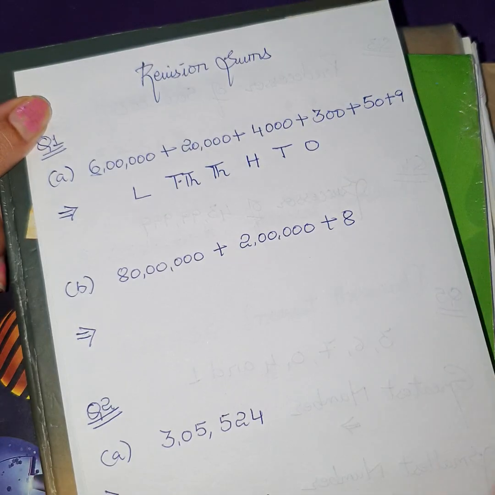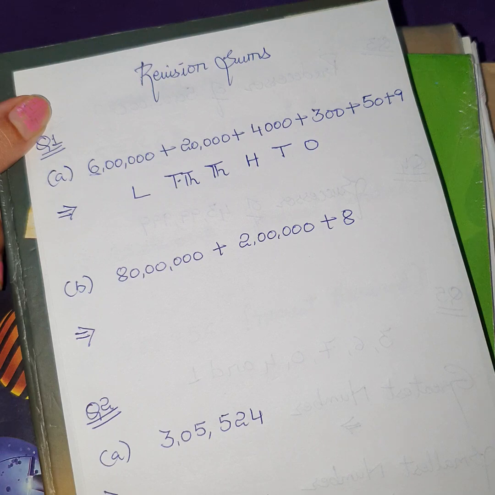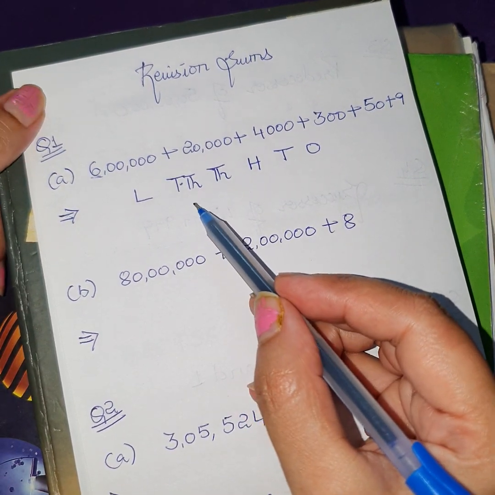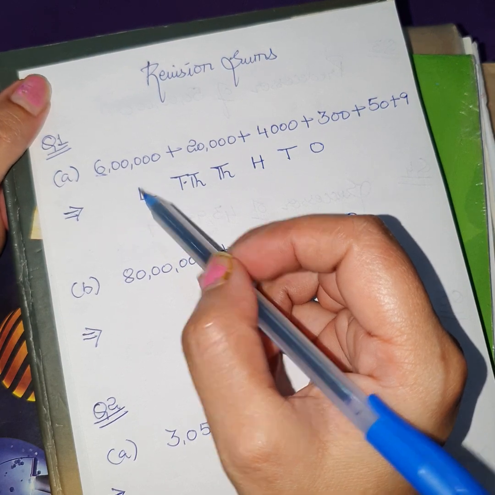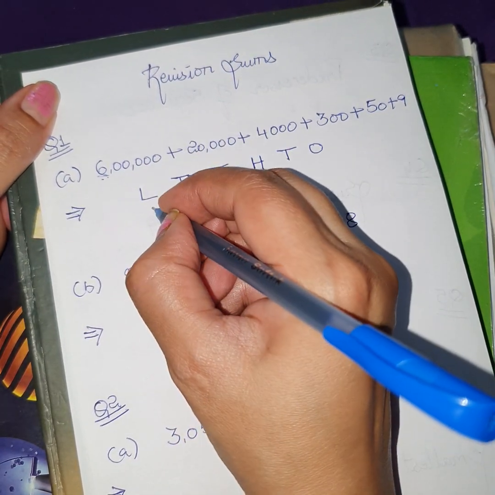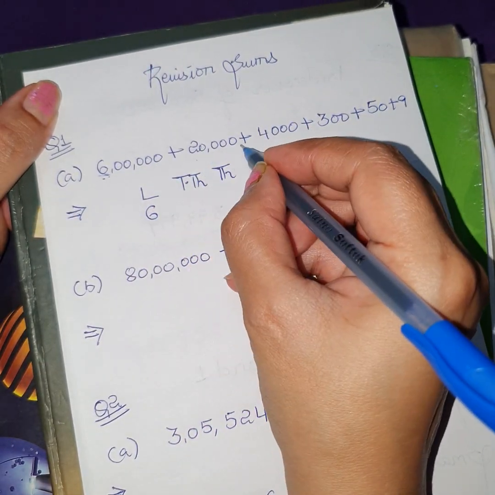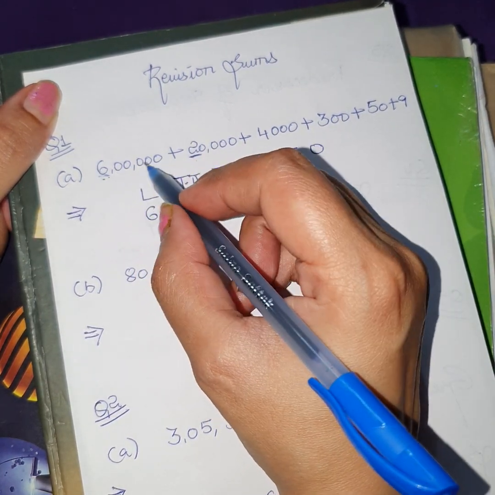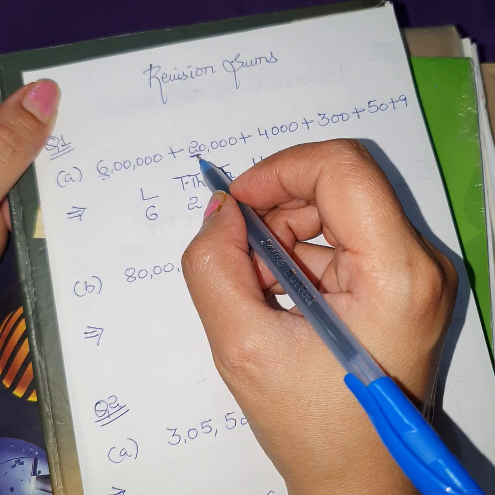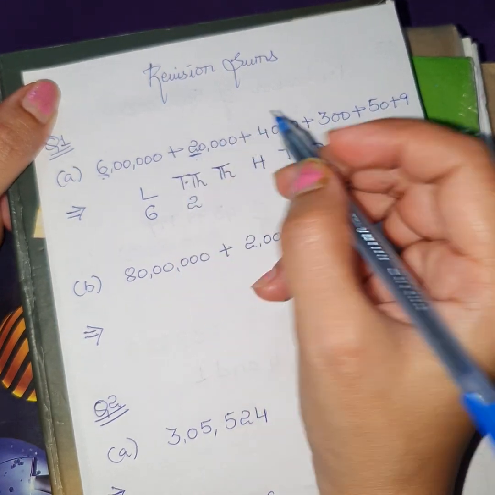First of all, we will mention the short form of our place value chart. Now start writing these values in this place value chart, like 6 lakh. So in lakh place 6 will come. 20,000. So in 10,000 place 2 will come. We will not consider the zeros. We will only take the digit other than 0.